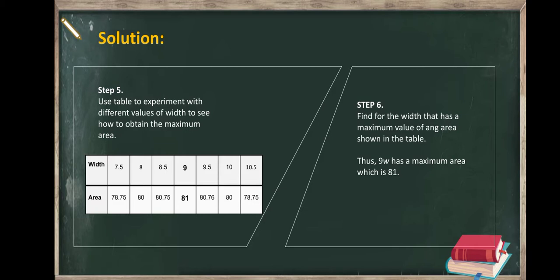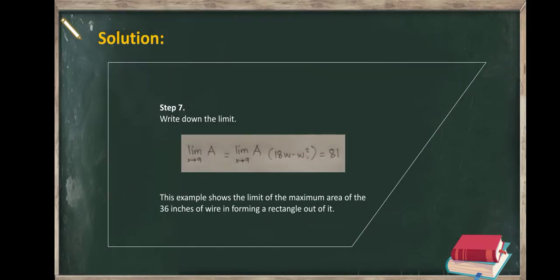Next is to find the width that has the maximum value of the area shown in the table. Thus, a width of 9 has a maximum area, which is 81. So that is the limit of a function. Last step, write down the limit.